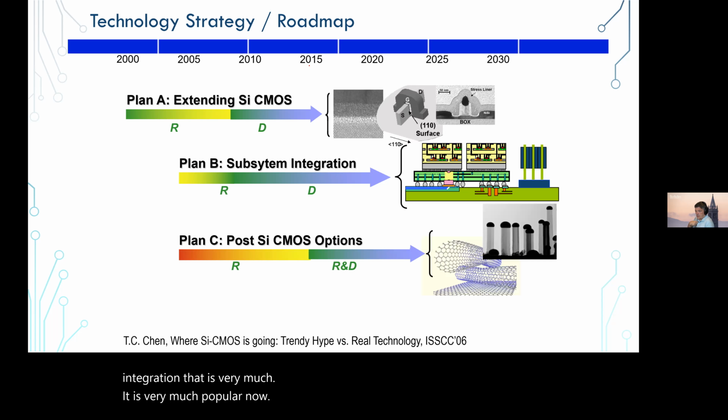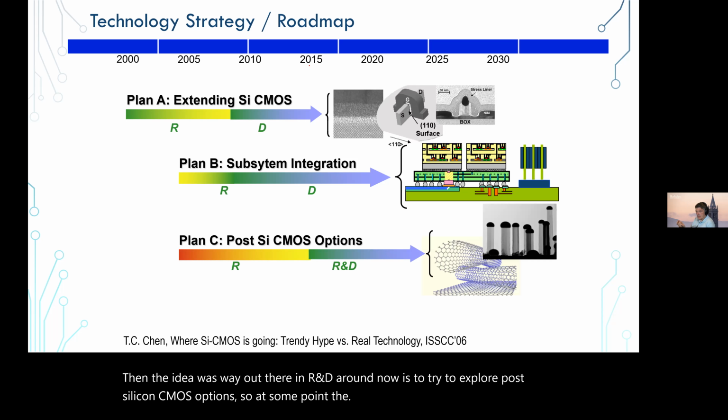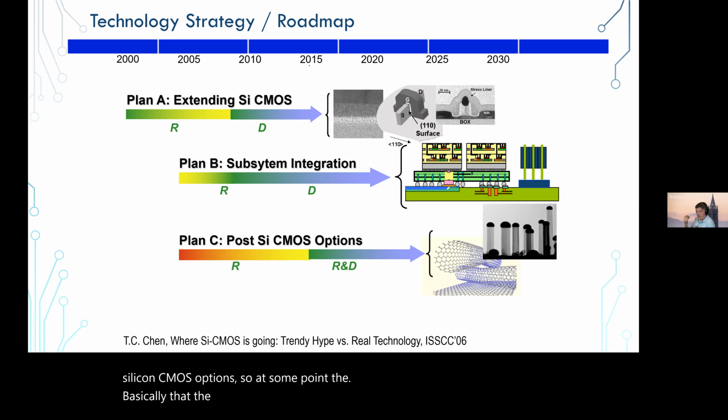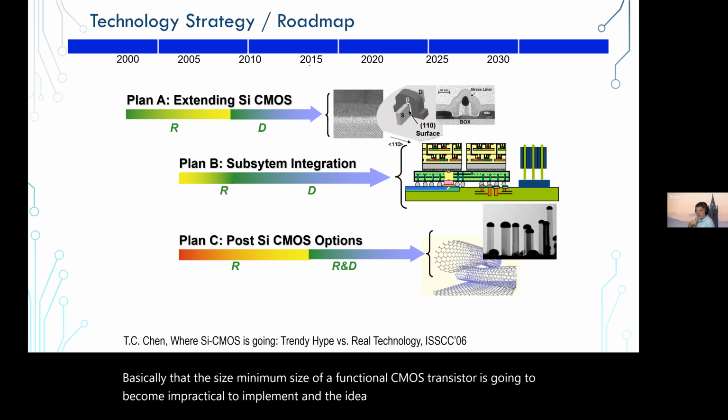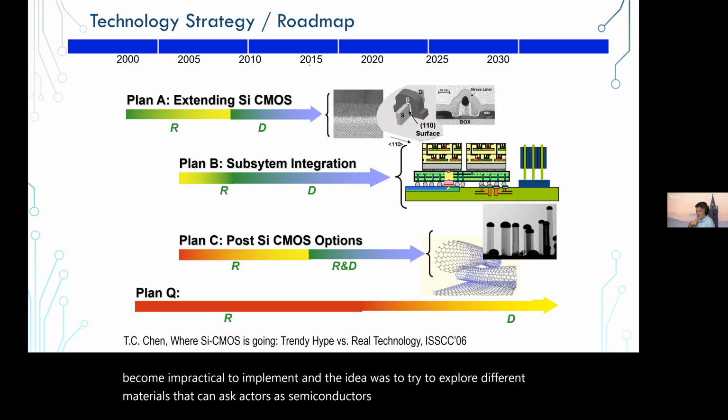Then the idea, way out there in R&D around now, is to explore post silicon CMOS options. At some point, the minimum size of a functional CMOS transistor is going to become impractical to implement. And the idea was to explore different materials that can act as semiconductors. And then very deep down, there is a plan Q to explore quantum.